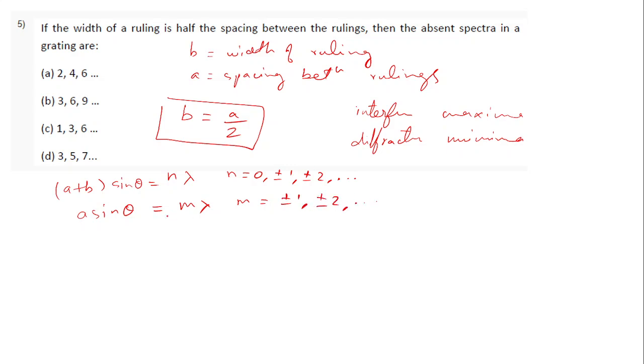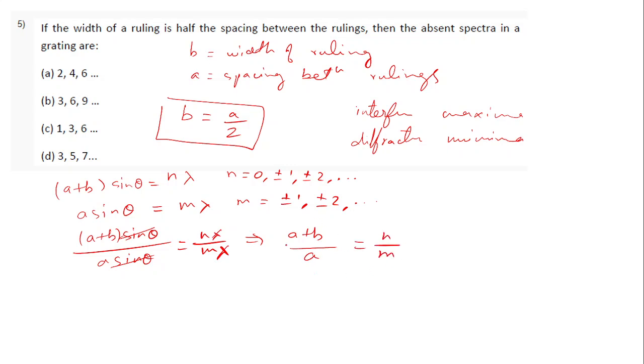Now when we take the ratio, (a plus b) sine theta divided by a sine theta is equal to n lambda over m lambda. We get rid of sine theta and lambda, and we get (a plus b) over a equal to n over m. This shows us that n can be (a plus b) over a times m.